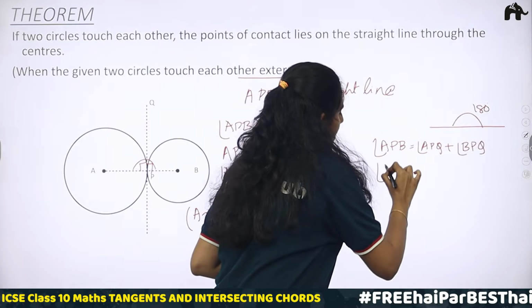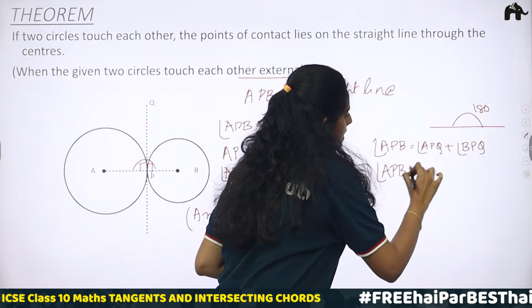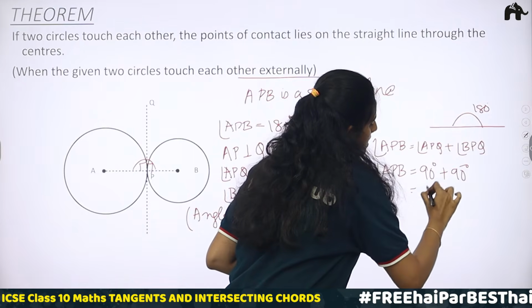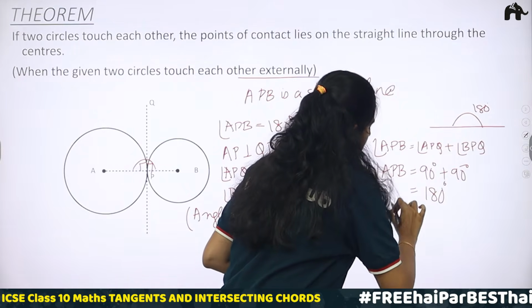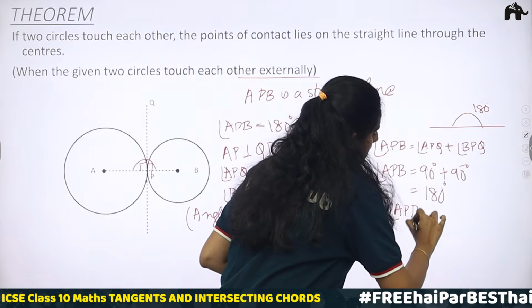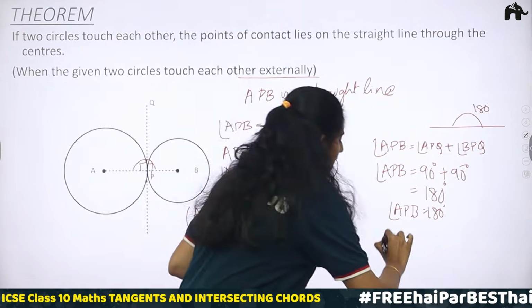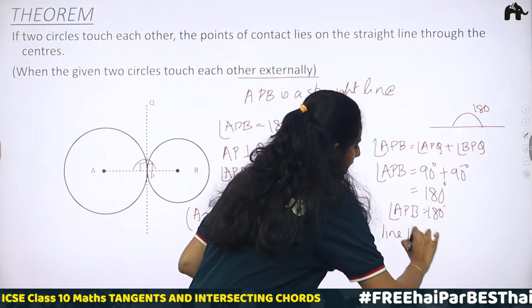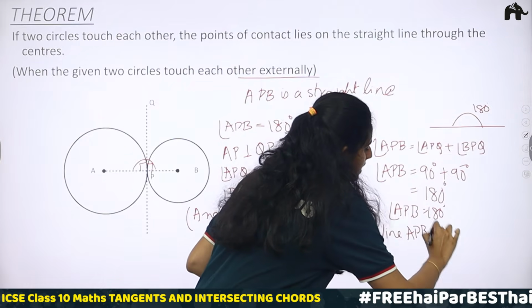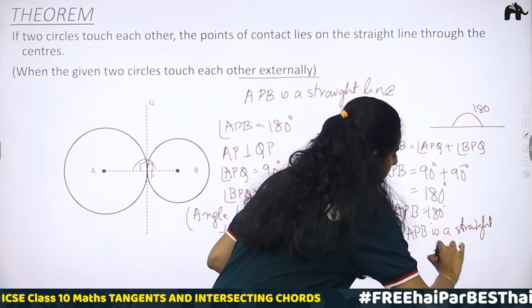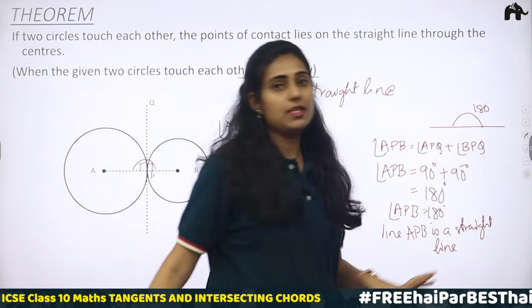Therefore, we have angle APB is equal to 90 degrees plus 90 degrees, which is equal to 180 degrees. Since angle APB is equal to 180 degrees, what can we say? We can say that APB is a straight line.